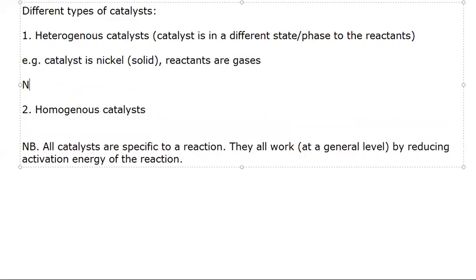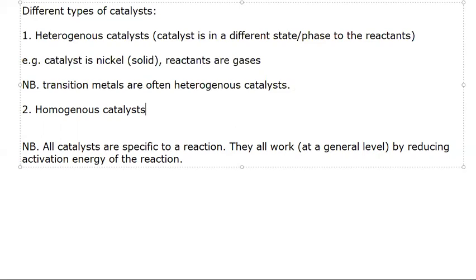And we might also note here, this is kind of borderline to HL, but basically transition metals are often heterogeneous catalysts. So a lot of transition metals, nickel, platinum, rubidium, palladium, etc., are often catalysts in the sense that they are solids and they are used as catalysts for reactions which are often gases, for example.